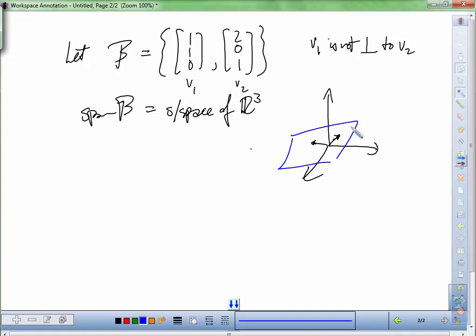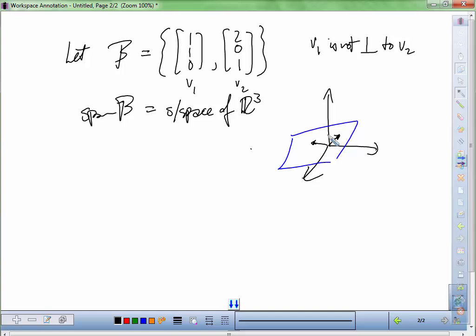And they are not perpendicular to each other. How do you say not perpendicular in the drawing? Well, let's just say they're not perpendicular. So the idea is, what if I want to span the same plane, but I want these two vectors to be perpendicular? How am I going to make these two vectors perpendicular to each other?